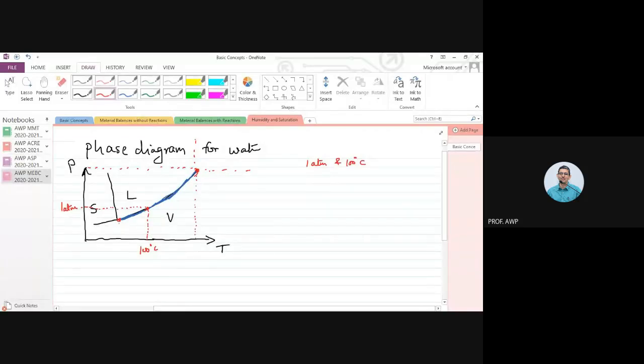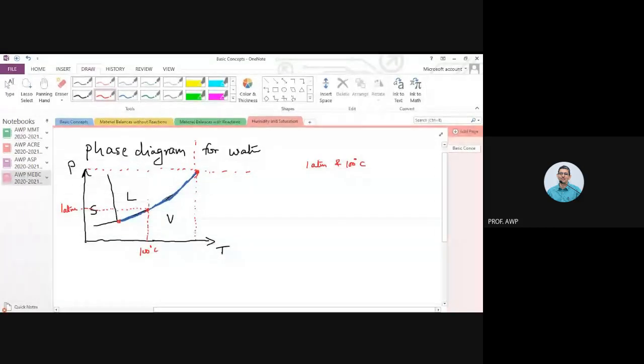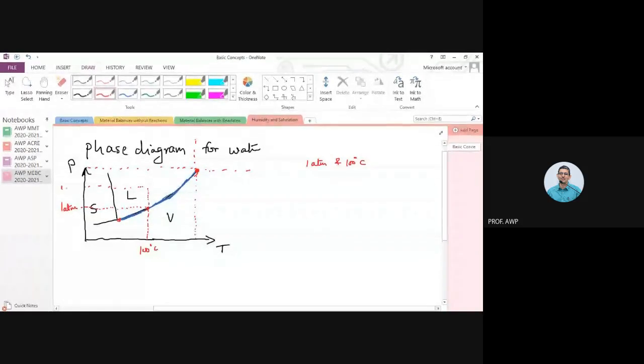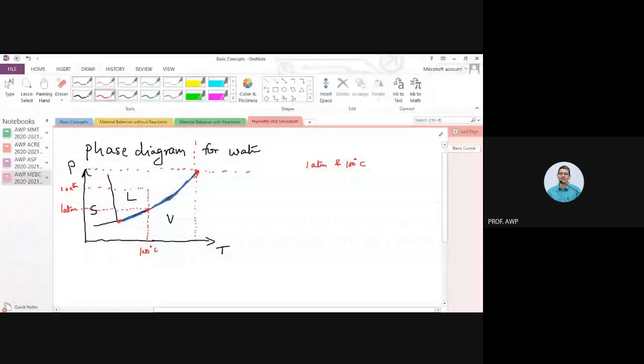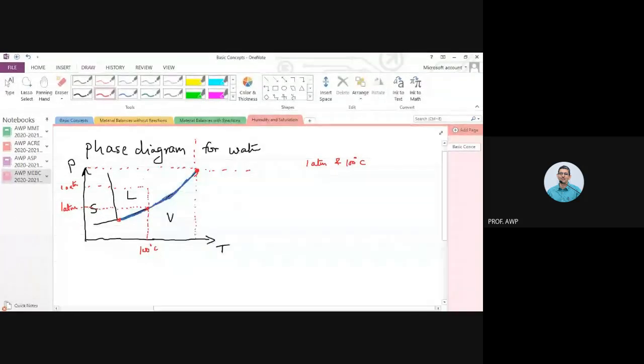If I increase pressure at 100 degrees centigrade, if I go to higher pressure, let's say 2 atmospheres, 5 atmospheres, 10 atmospheres, then water will exist only in the liquid state.